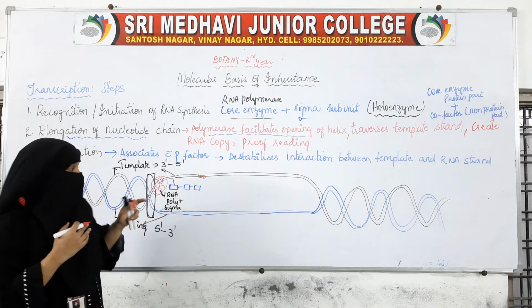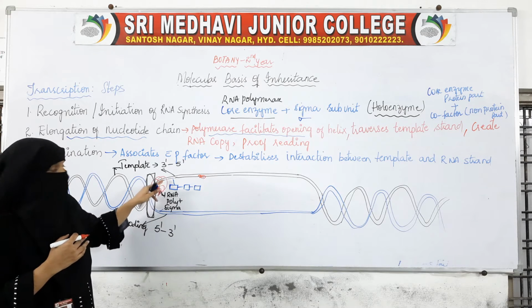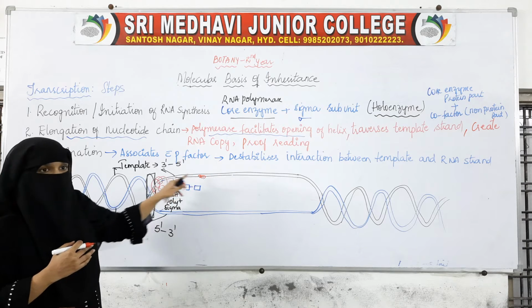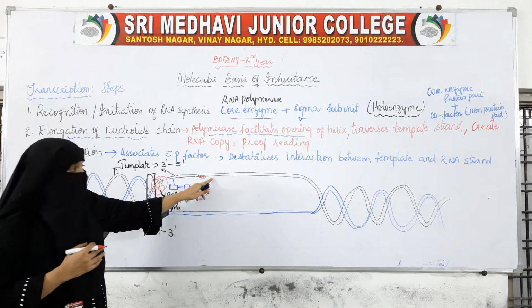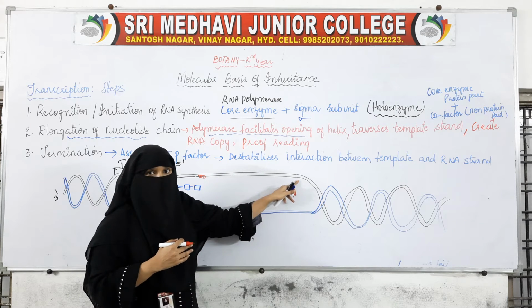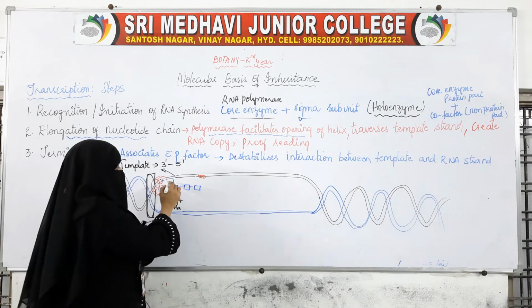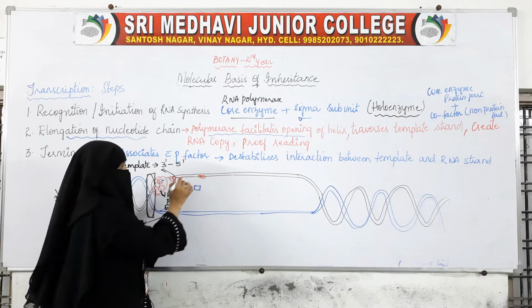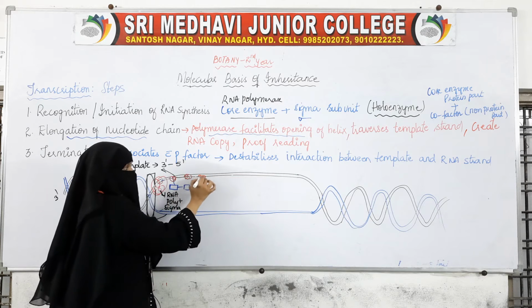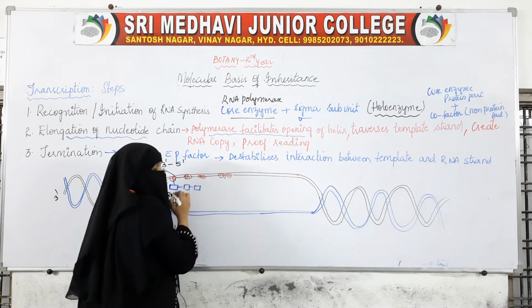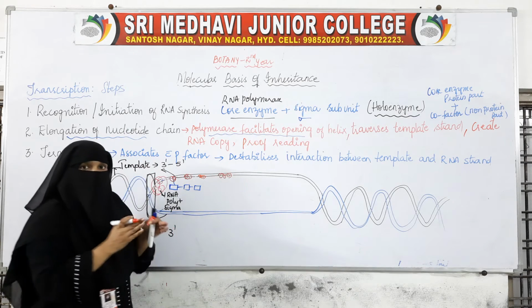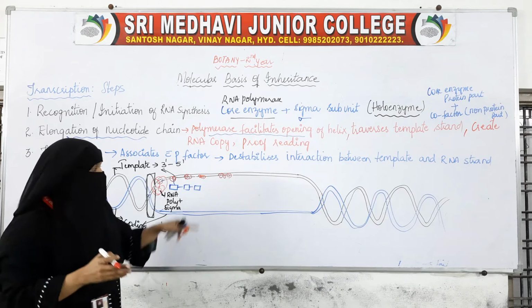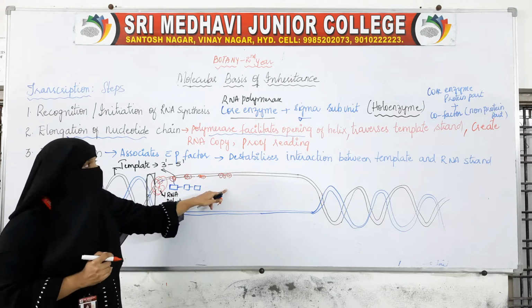Who will go on traversing? This RNA polymerase will go on traversing. Opening of the helix, then it traverses, it moves along the strand. Slowly moving. This RNA polymerase was here, then it came to this place, then to this place, then the polymerase will move here. The enzyme will be moving, and when it moves, it will open the helix as well as add the nucleotides.